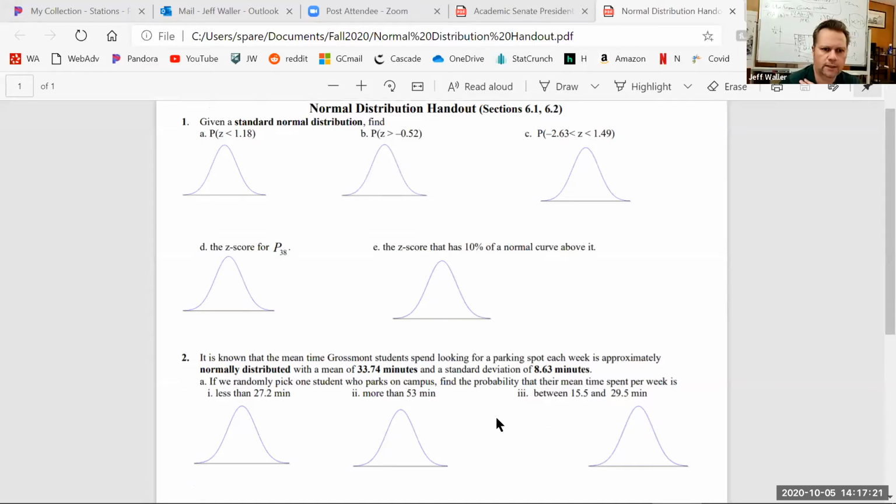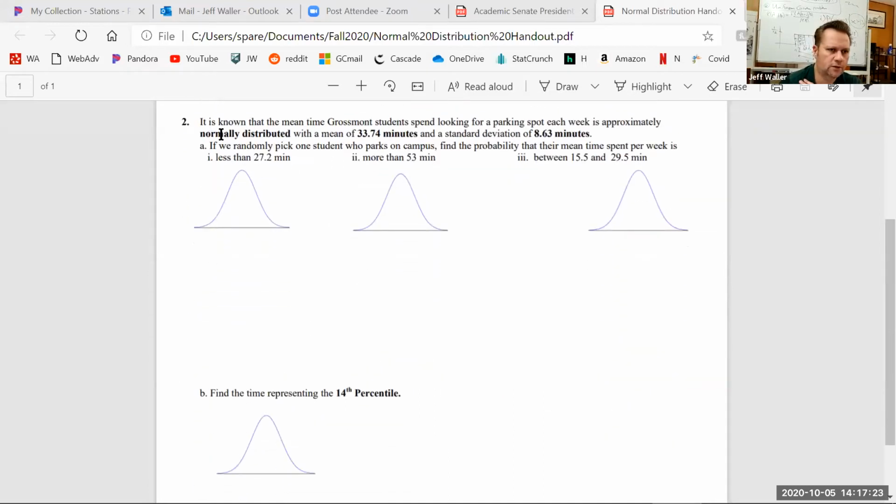So we did this part last time. We even talked about 2a a little bit. The first step in these problems is to convert this to a z-score. Just to make sure you really get the idea, what would go in the middle of this first one? What goes right in the middle here? 33.74. Good.